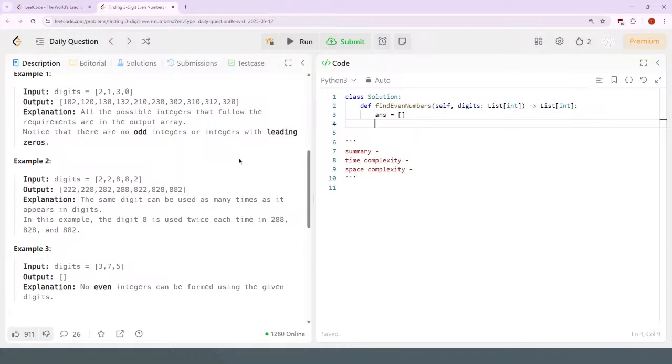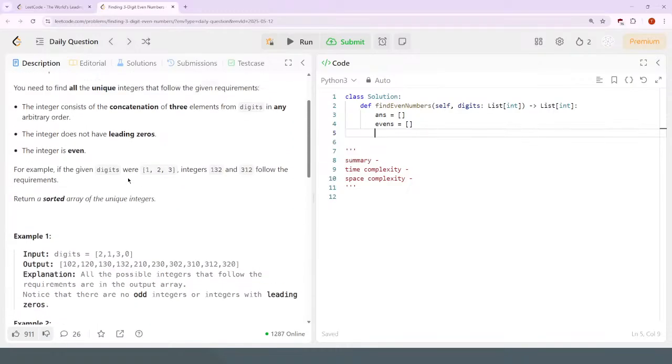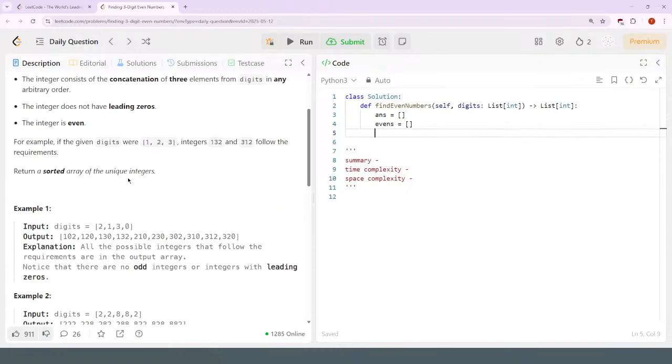And maybe I can have an evens array that looks at all the possibilities, all the possible even endings.